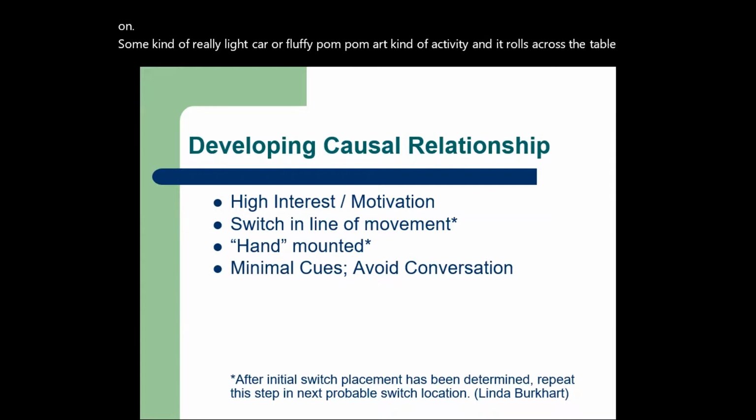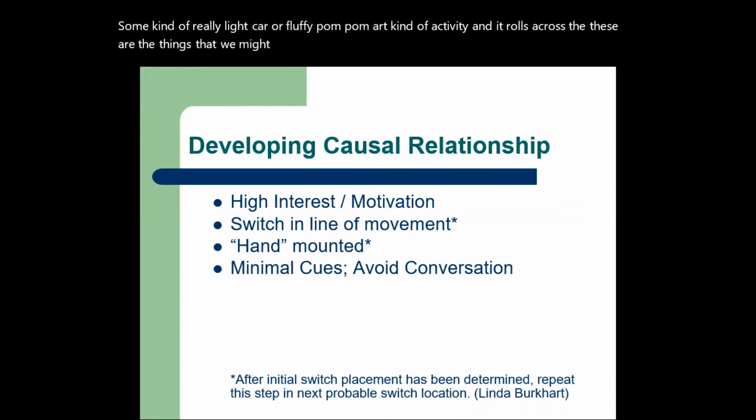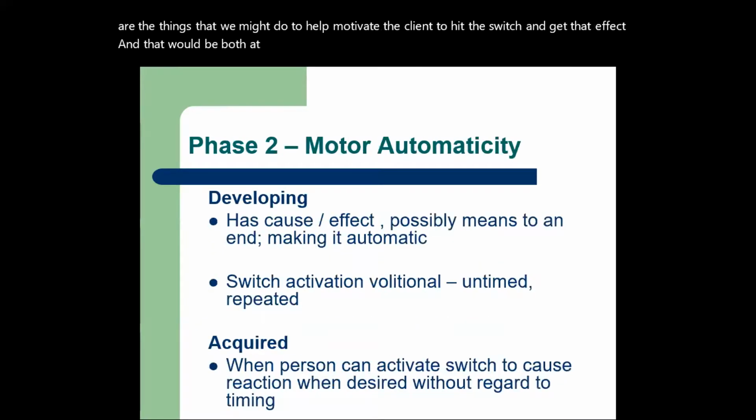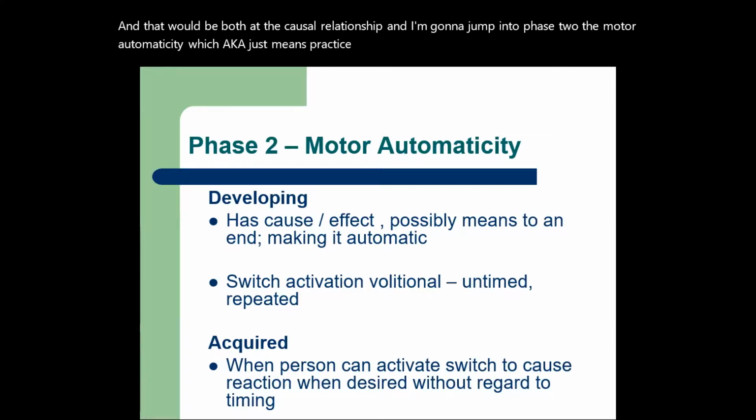These are the things that we might do to help motivate the client to hit the switch and get that effect. And that would be both at the causal relationship, and I'm going to jump into phase two, the motor automaticity, which just means practice, practice, practice, right?